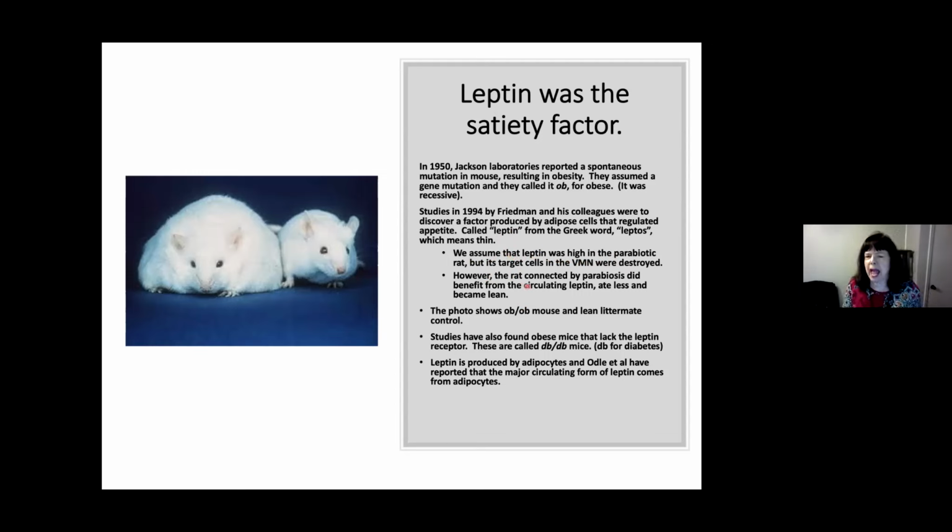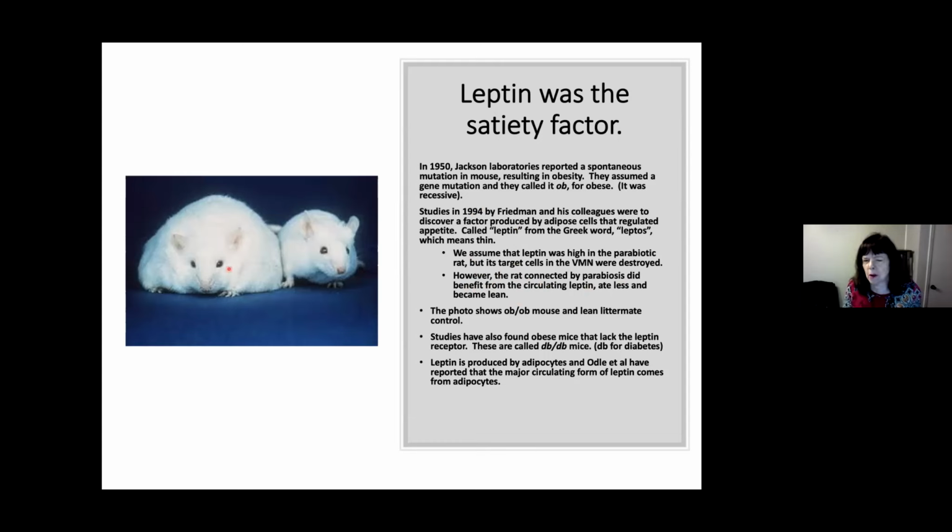Then the animal connected by parabiosis basically ate less, because the circulating leptin rose in the obese animal and got sent over to the connected animal, and it became very, very lean. So Friedman figured that was the factor we were looking for.